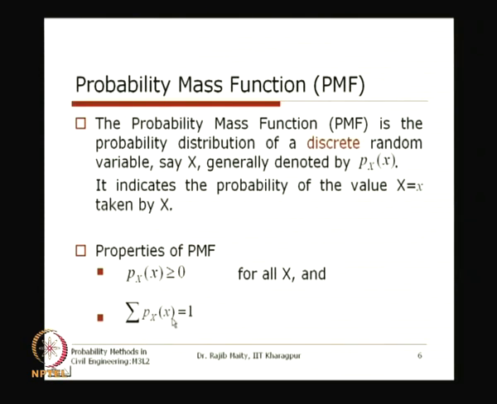If we add up the probabilities of all the possible values of x, then it should end up as 1. So, these two are the properties of the probability mass function.